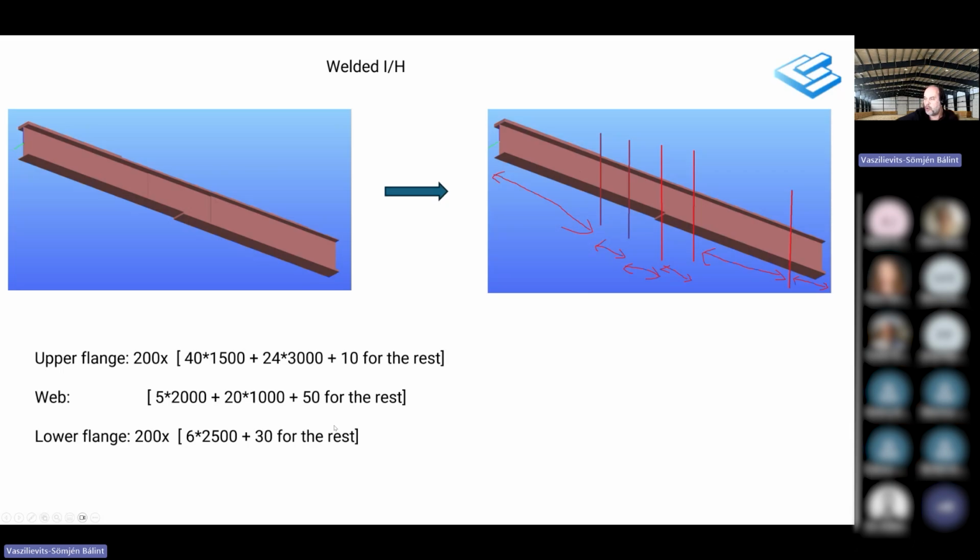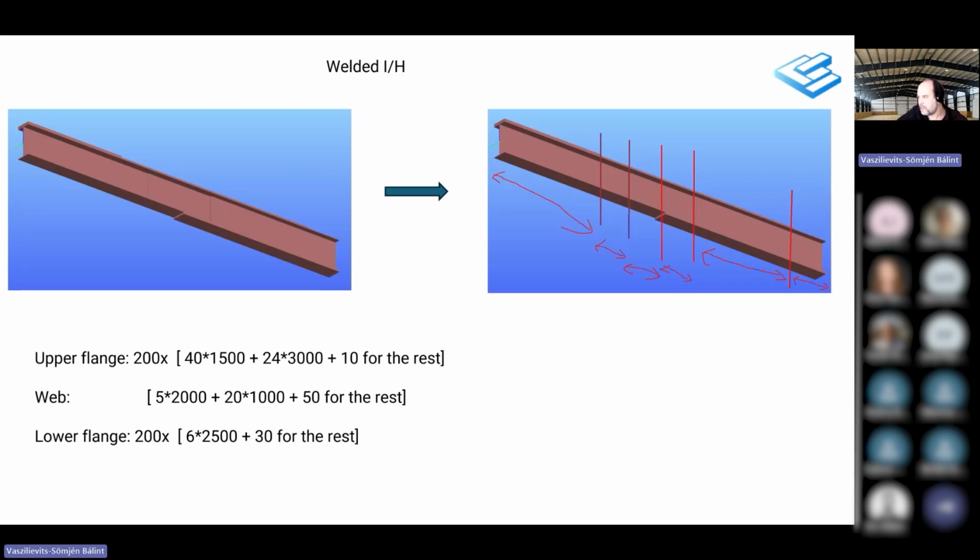Now, if you wanted to model such a structure in Consteel today, and actually I think in any other software, that's the rule in every software: for a segment, you need a profile. You cannot typically change such internal parameters as the plate web thickness along the length without defining a new profile and the corresponding new segment.